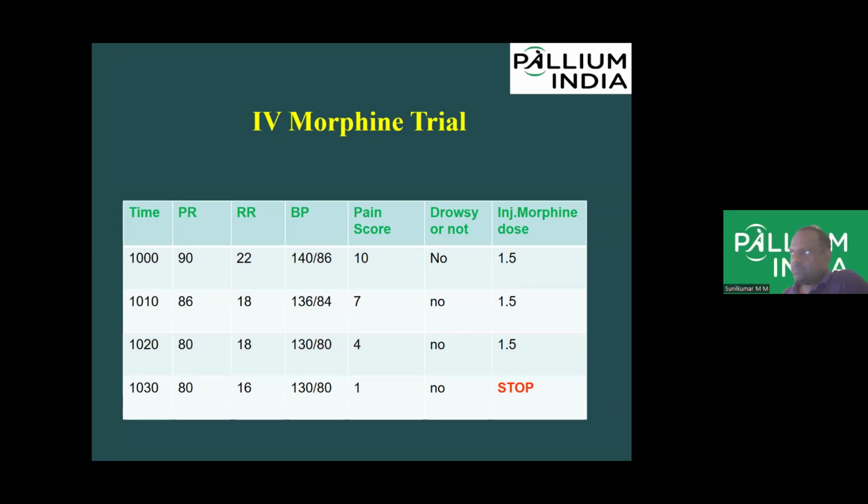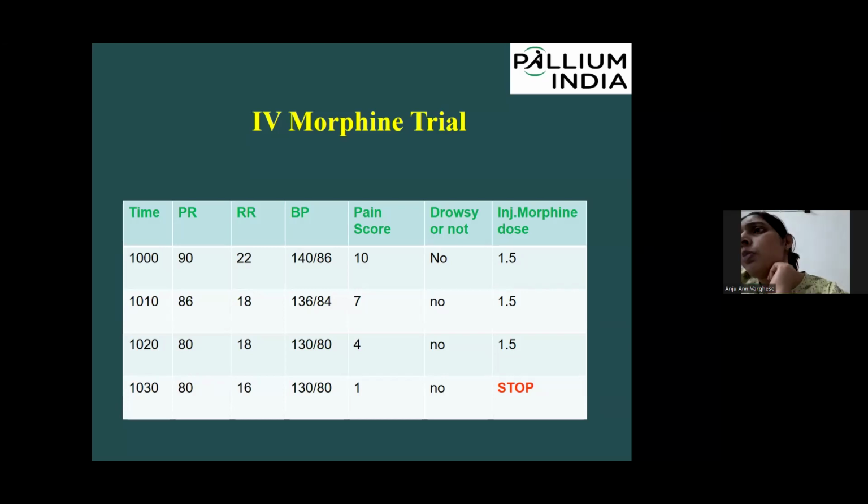So what would be the dose you will start in this patient? 5 milligrams immediate release in the beginning, QID, and the patient should be asked not to take the next dose if he is feeling drowsy. Okay, thank you. Anybody else?